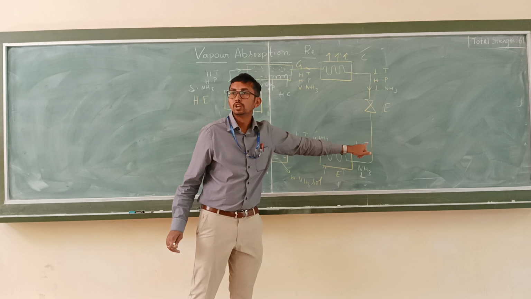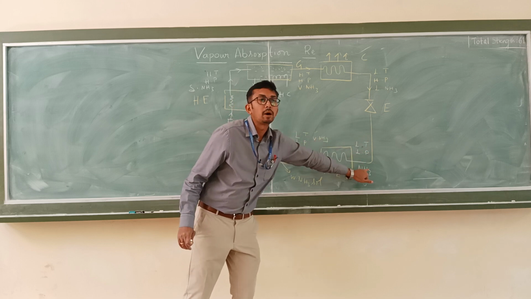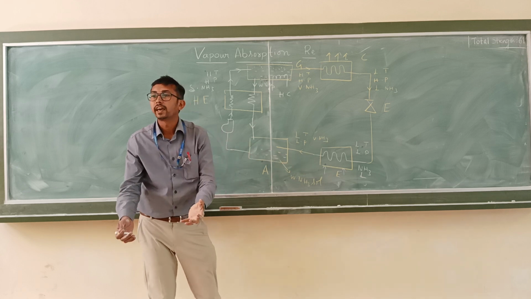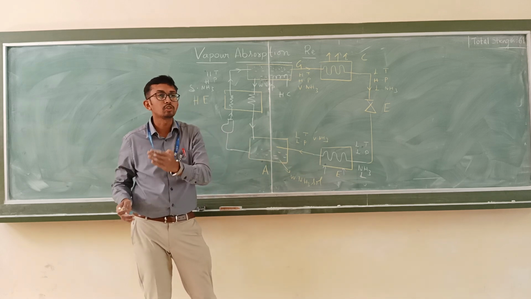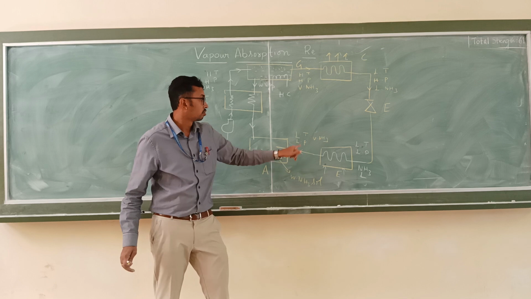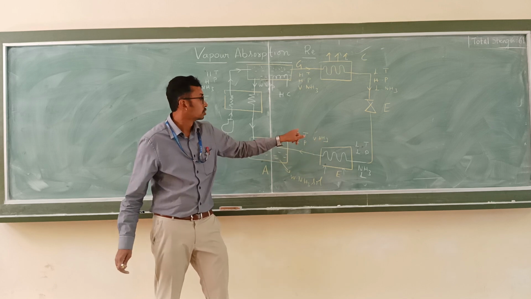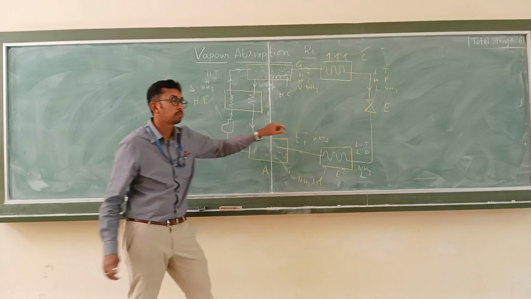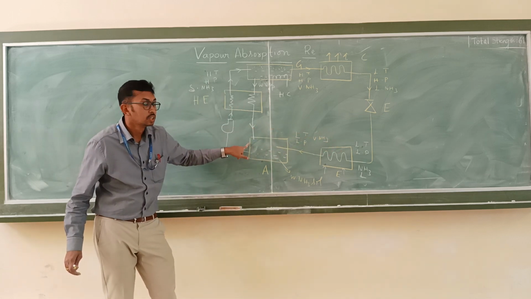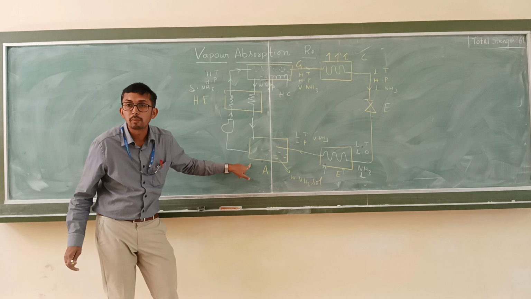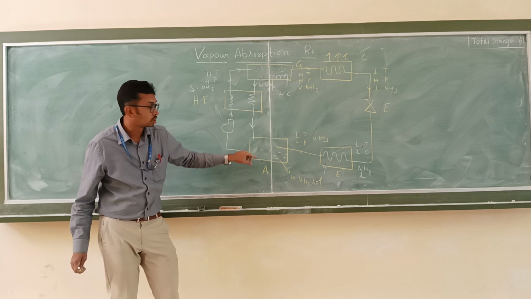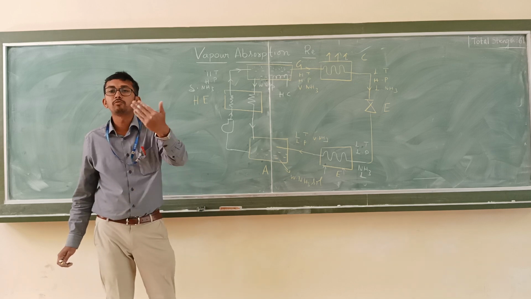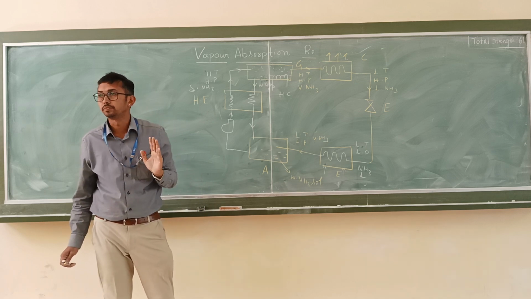Let us consider low temperature, low pressure liquid ammonia in the evaporator, where it extracts the heat and undergoes phase change from liquid to vapor. This low temperature, low pressure vapor ammonia is passed to the absorber, which contains weak ammonia solution. The vapors of ammonia will be dissolved in that, and it will become strong ammonia solution.